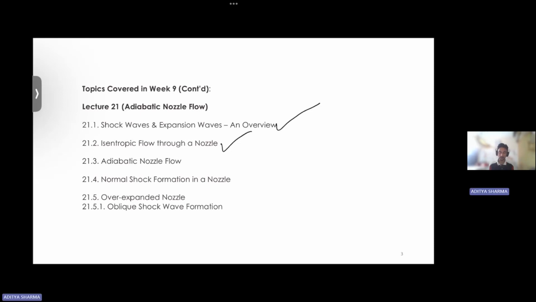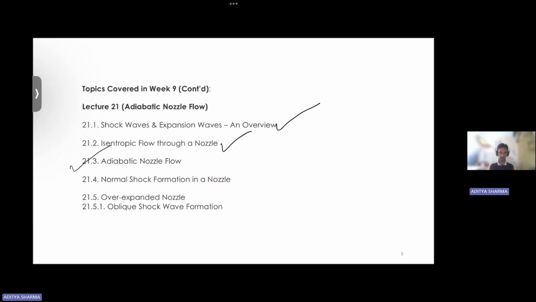And then there comes adiabatic nozzle flow. In this case, we consider real-time flows: in reality, how a supersonic flow behaves in a nozzle. That has been introduced in this topic, right?